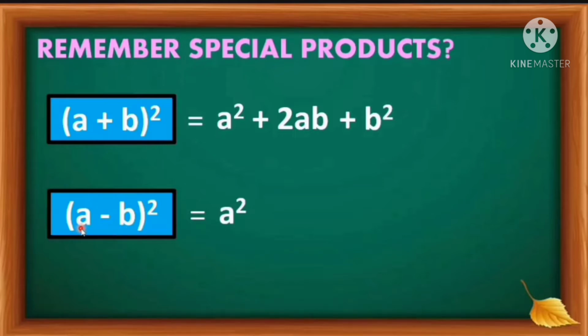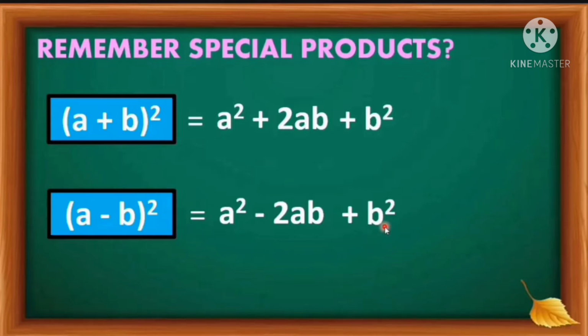Multiply the first term and the second term times 2, or twice the product of the first term and the second term, that would be a times negative b equals negative ab, times 2, that would be negative 2ab. And next, the square of the second term, we have b squared. So we have a squared minus 2ab plus b squared.